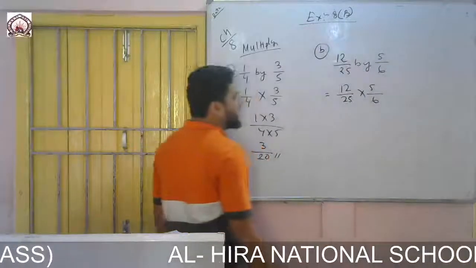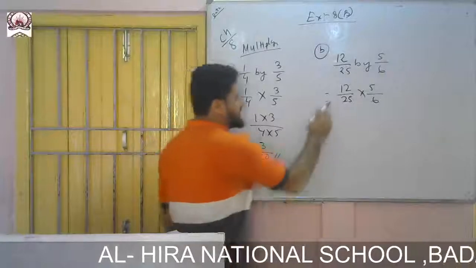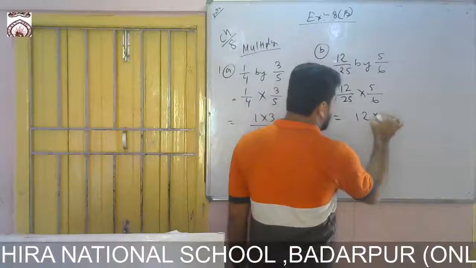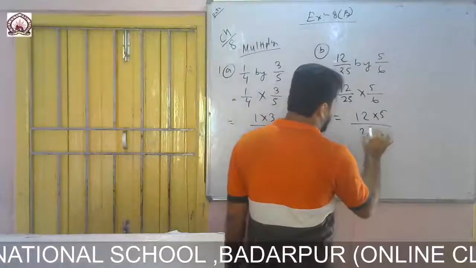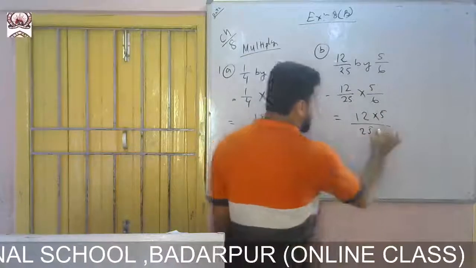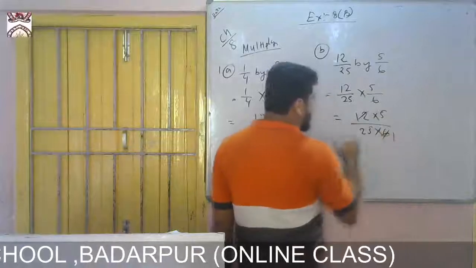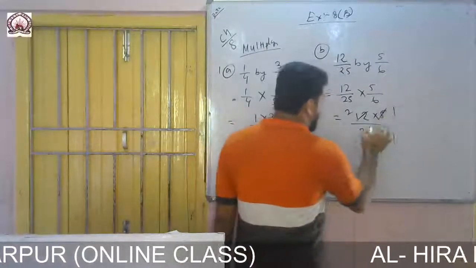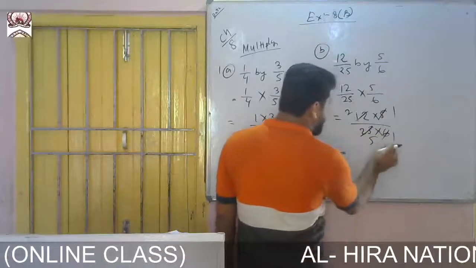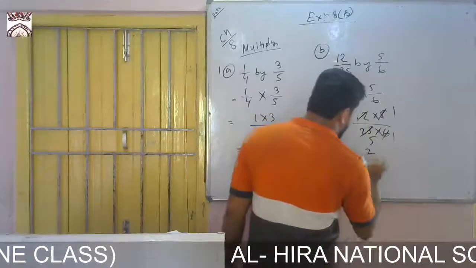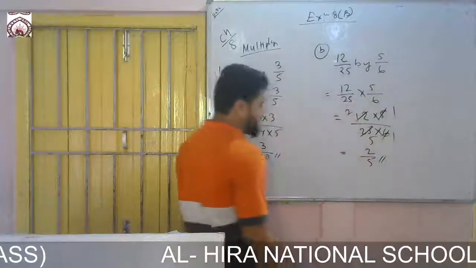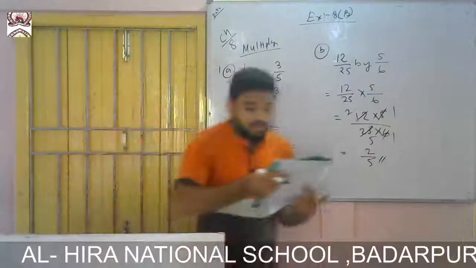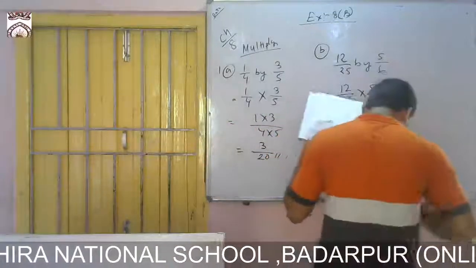Now see whether they get cancelled or not. Yes, in this case they get cancelled. How? You see 12 into 5, 25 into 6. So with this denominator I can cancel this one. 6 2s are 12. Then 5 1s are 5, 5 5s are 25. So remain 5 1s are 5, 2 1s are 2. So 2 by 5, that is the required answer.